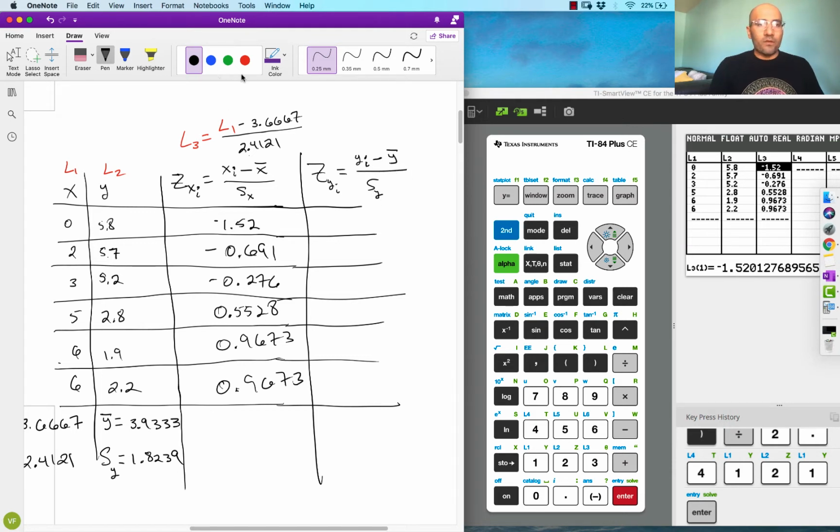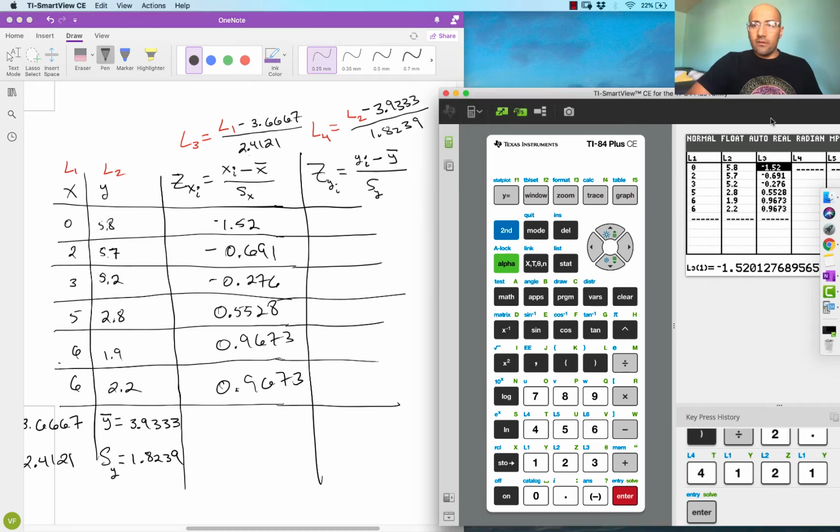So that's going to be list 4 equals list 2 minus the mean of the y's, which is 3.9333, divided by 1.8239.